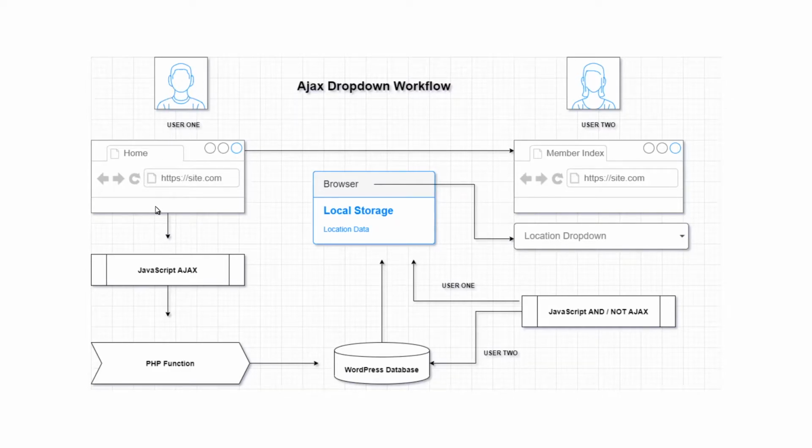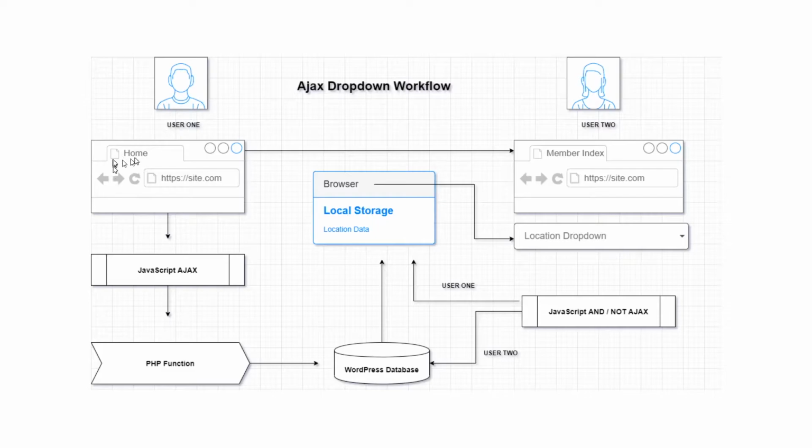So as soon as the home page is loaded, this JavaScript AJAX gets launched and calls the corresponding PHP function. PHP calls the database, collects the data, and then returns it back to the AJAX, and AJAX stores it in the browser's local storage. And then it's done.